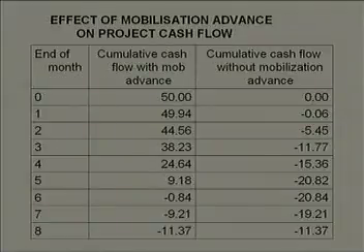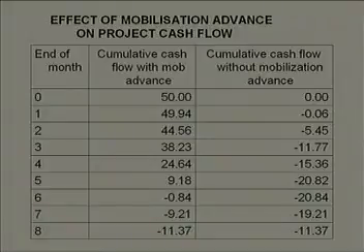For this I am taking the same problem which I took up in the previous lecture. If you remember, we had 13 activities. For each of the activities, I had given you the quantity as well as the unit rate quoted by the contractor.